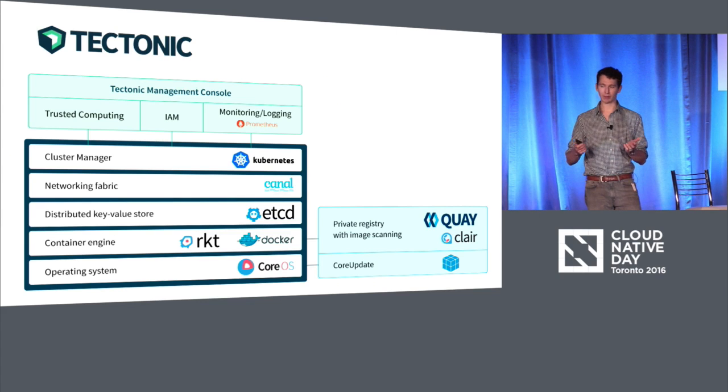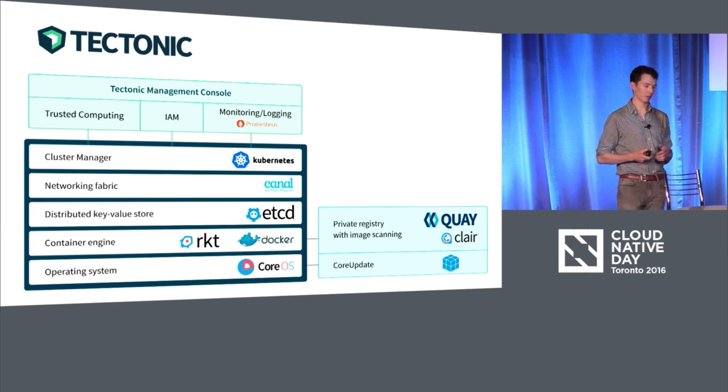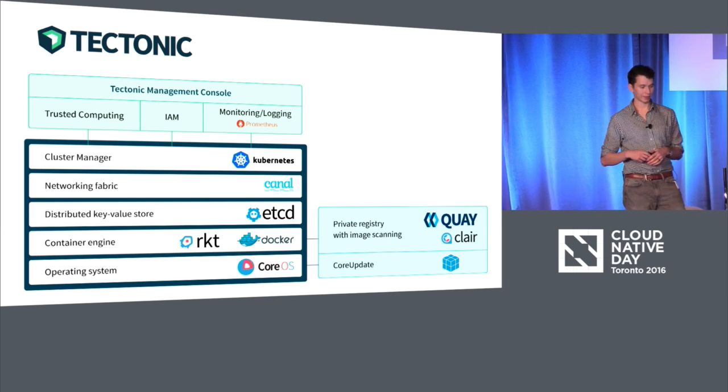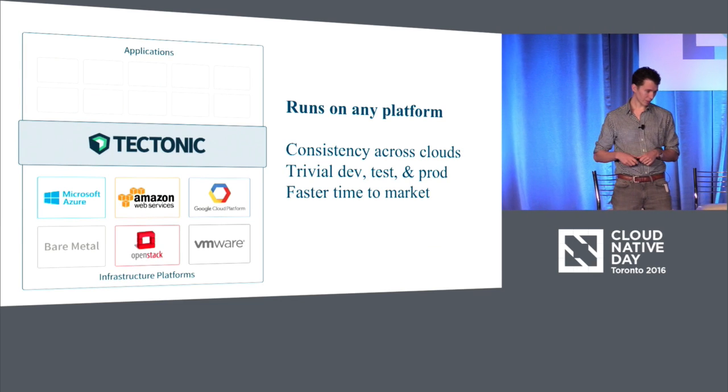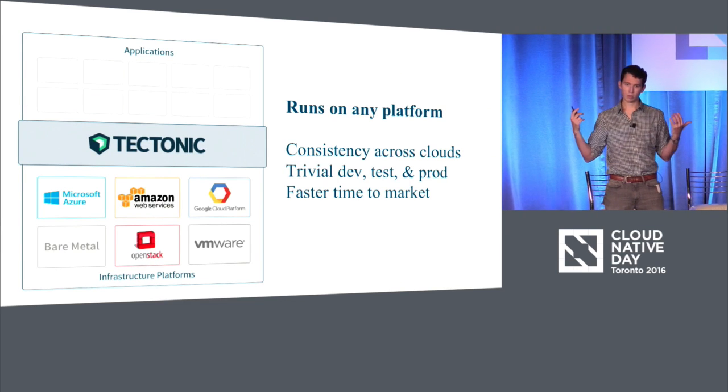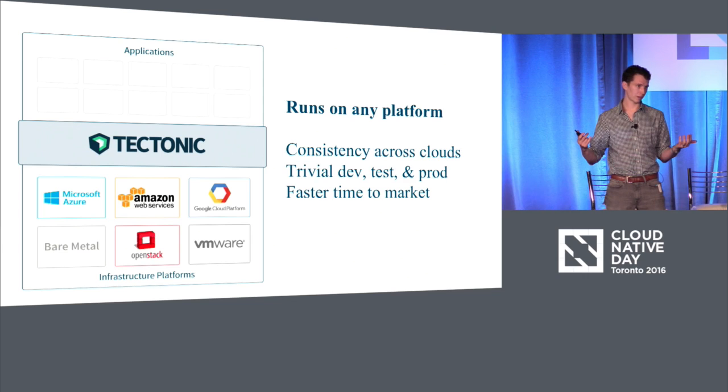So instead of it looking like a sea of open source projects, it looks like a well-understood enterprise stack of software that is a combination of both open source and some of our products like Quay and our identity systems. And similar to that story of being able to run Linux on top of any platform, we want to be able to bring this whole stack of software on top of any platform, utilizing containers, open containers, et cetera, to do that.